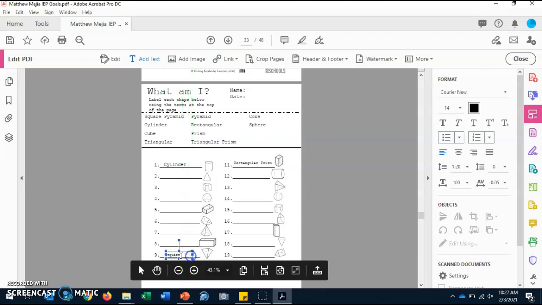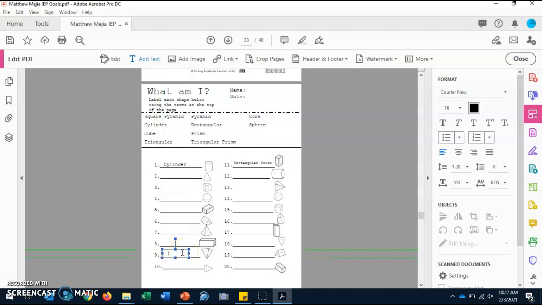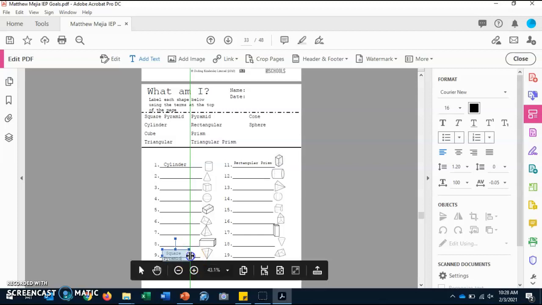And then, can we figure out if it is a prism or a pyramid? Yes, good job. It is a pyramid, because all of the edges come together over here at the top. It creates a pyramid. So good job, Matthew.